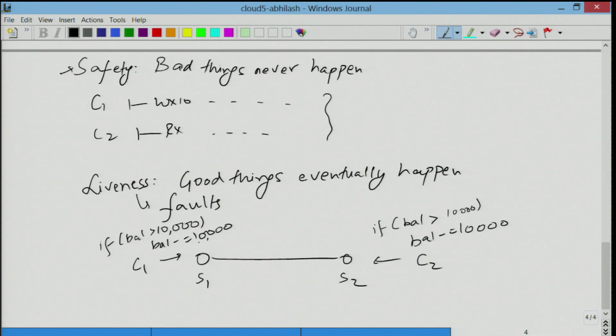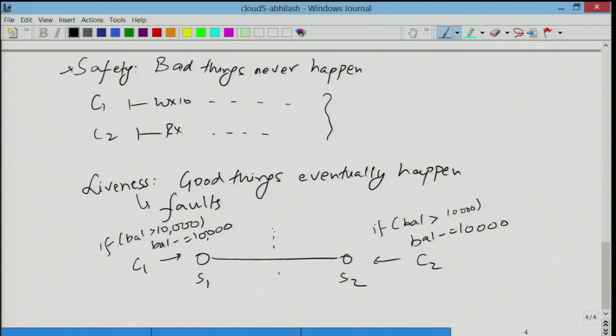Both the clients are at ATMs and they are trying to withdraw some money, right? Let us say there is a network partition between S1 and S2, right? So S1 is not able to talk to S2 because the network has some issue.